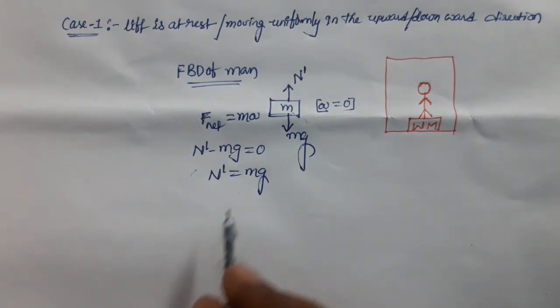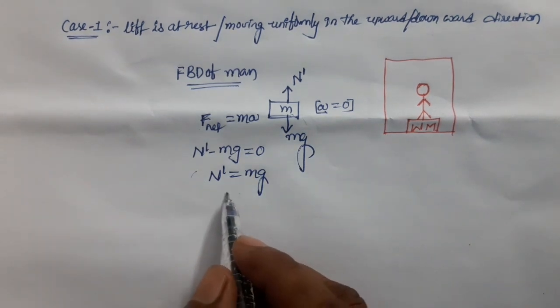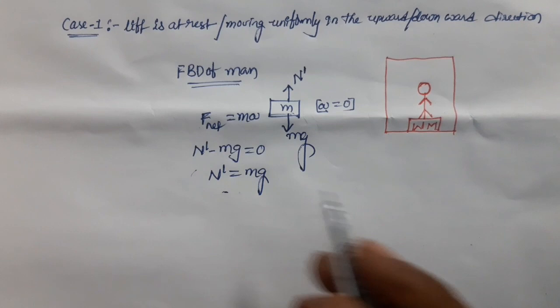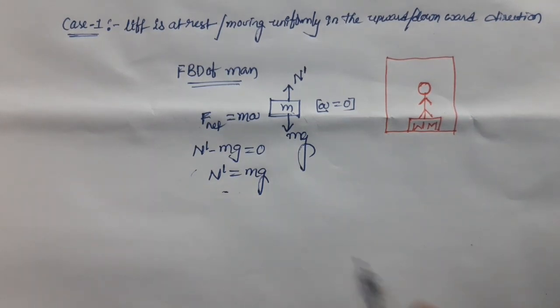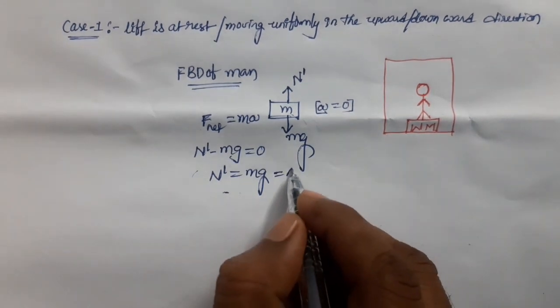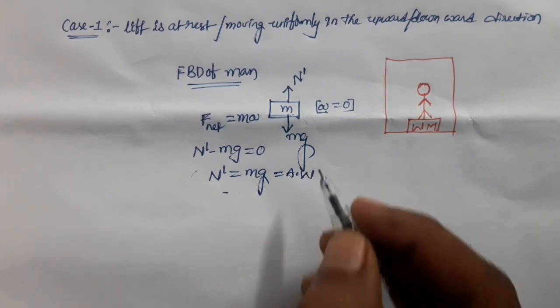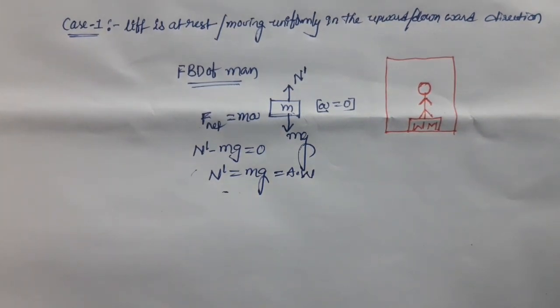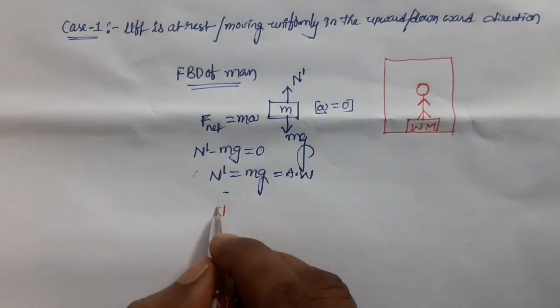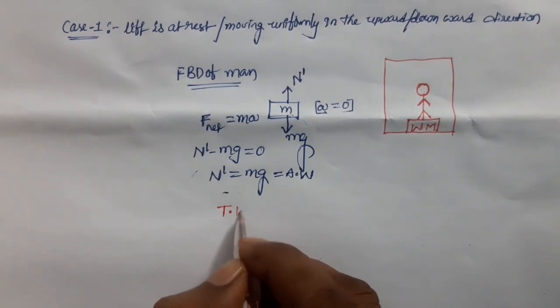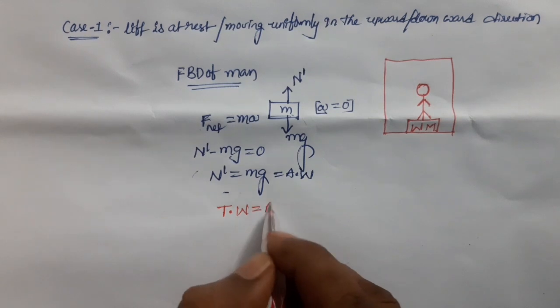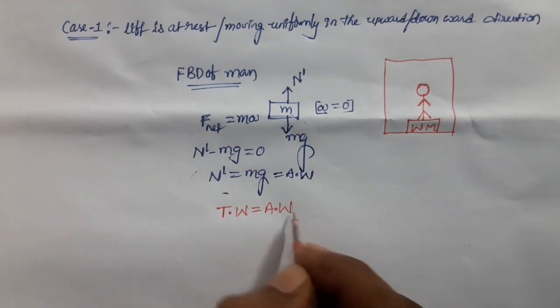Okay, this is the apparent weight, students. This apparent weight as compared to the true weight, both are equal. This apparent weight and the true weight are both equal here. True weight is equal to apparent weight in this condition.